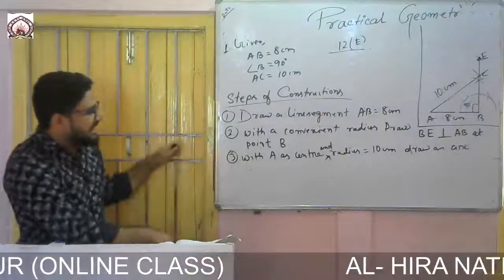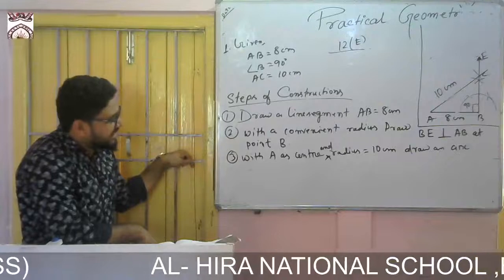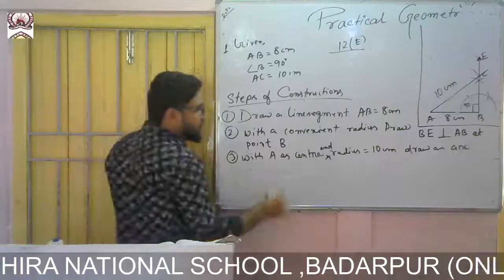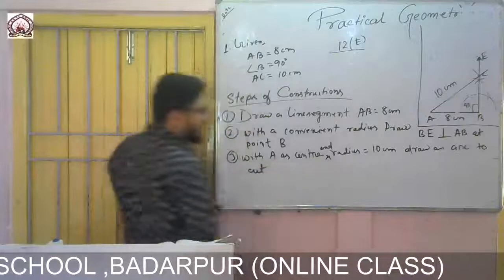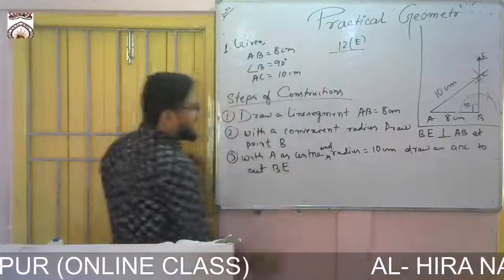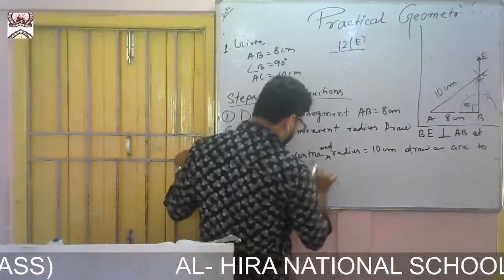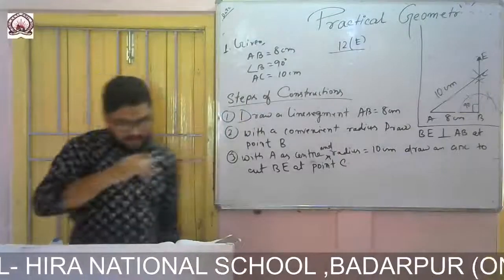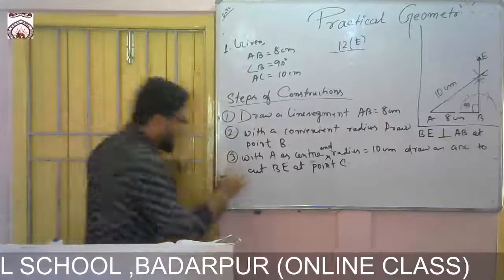With A as center and radius equals to 10 centimeter, draw an arc to cut BE at point C. Step 3.